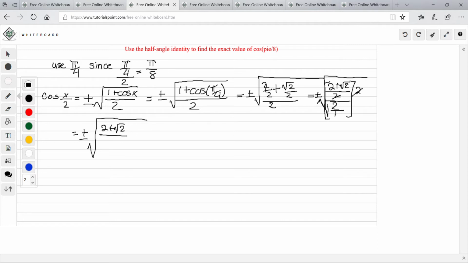Now it's 2 times 2, which is 4. Notice on the left we have two answers, plus or minus. I will use positive because pi over 4 is in quadrant 1 and cosine is positive. I will not use negative.